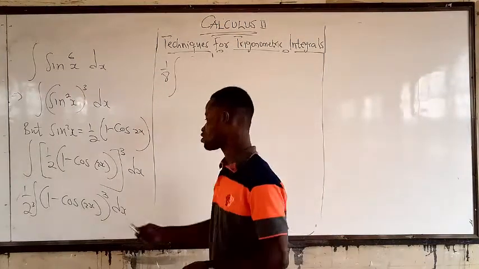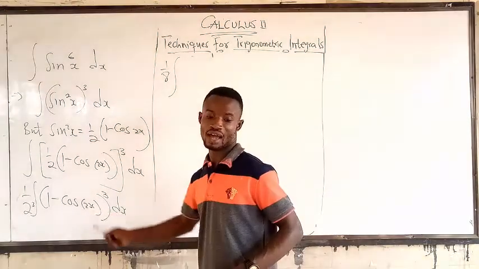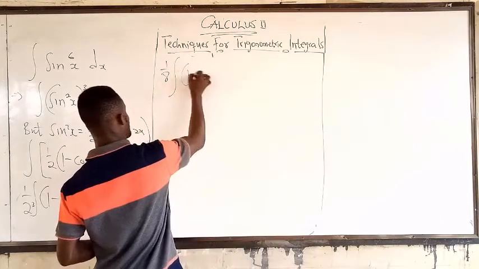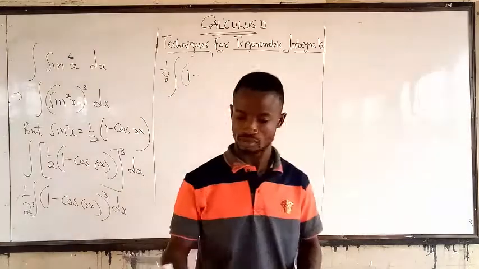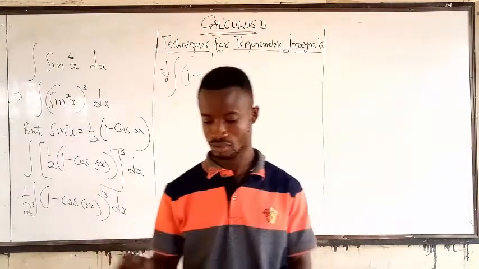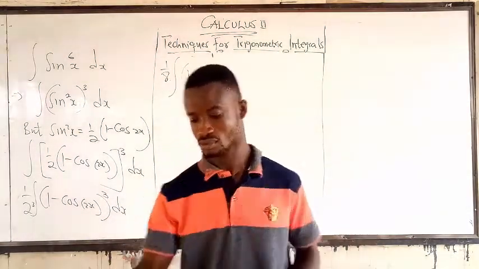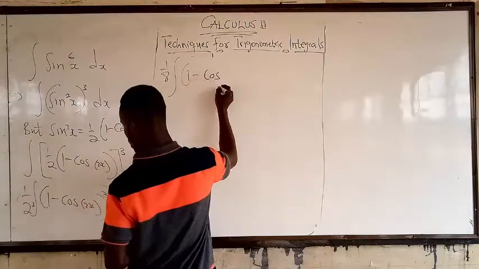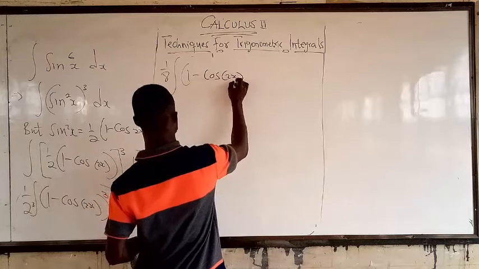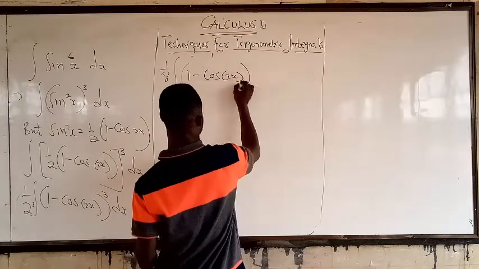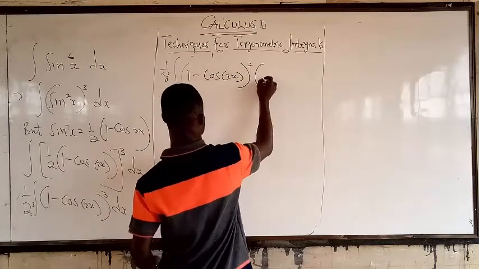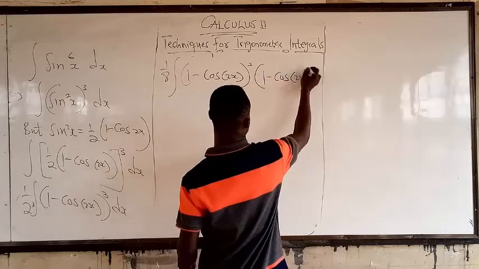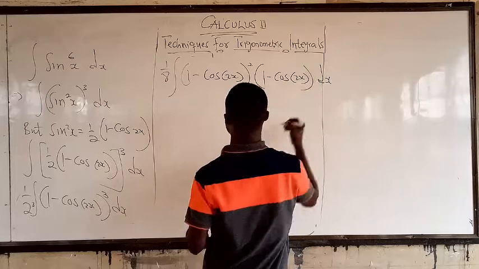Here we can distribute this. Alright, so we can split one of these, 1 minus cos 2x squared, and 1 minus cos 2x dx.